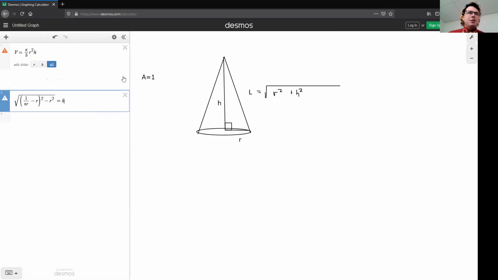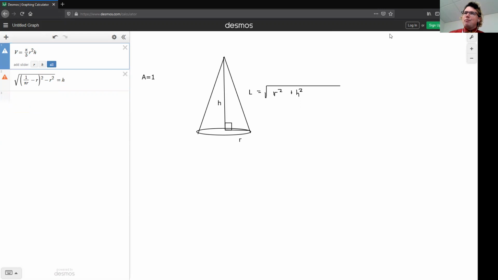And what I'm going to do is use this formula up top in my volume equation. Now at this point, I'm going to start graphing because I'll have a function of a single variable. I pick my radius, that determines my height, that determines my length, that determines my volume. So I have a function of a single variable.